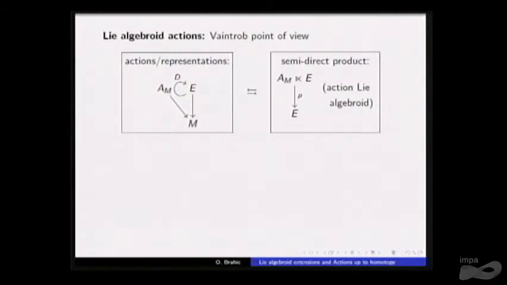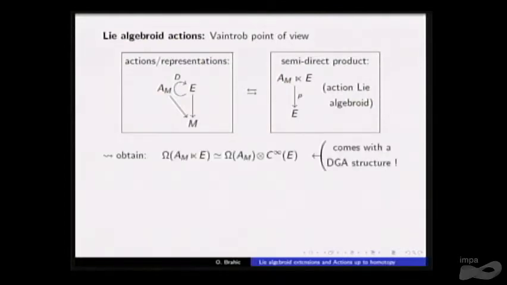If I have an action, I can take the semi-direct product, the so-called action algebroid. Now this is an algebroid, so I can take forms on the action algebroid, and it comes with a DGA structure. That's the basic way we translate an action or a representation in terms of DGAs.